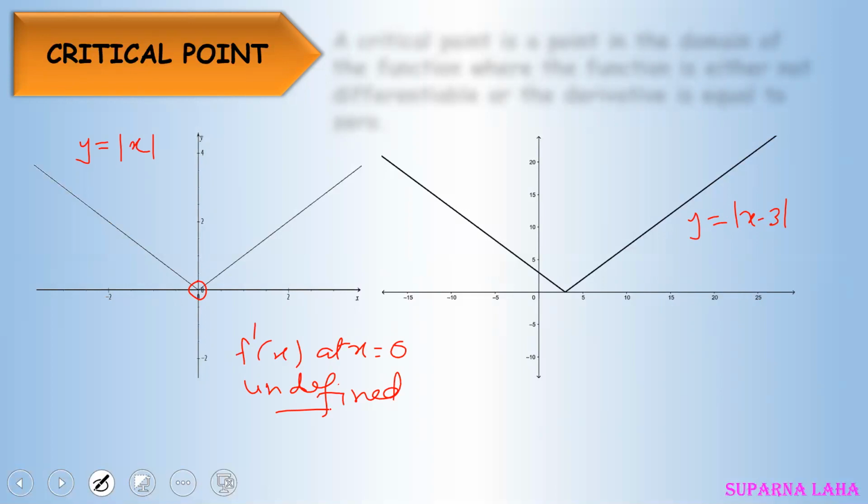When we study differentiability, the definition of differentiability, at that time we solve this type of problem. The mod function is given, so this derivative is undefined at x equals 0. And for this function, f dash x at x equals 3 is also undefined.